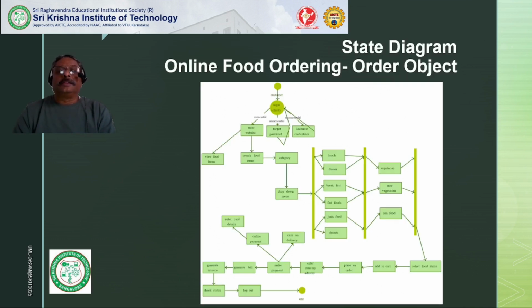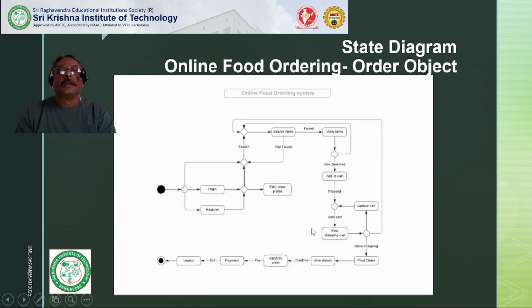Another use case diagram with more details is the online food ordering system, where we are talking about order objects. So we have many different states. In this example, it begins here, ends here, and you can follow the arrows. If we are getting into this system for the first time, then we need to register.